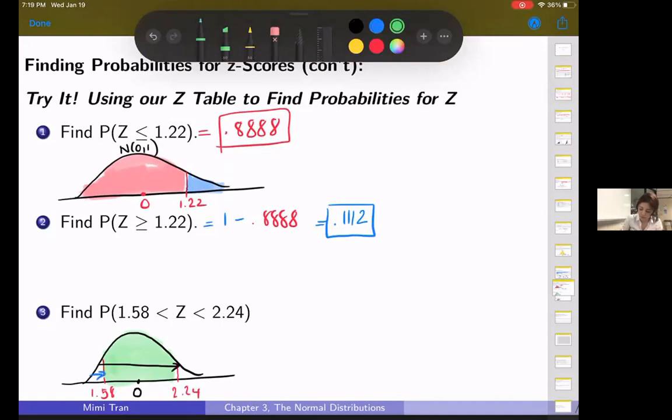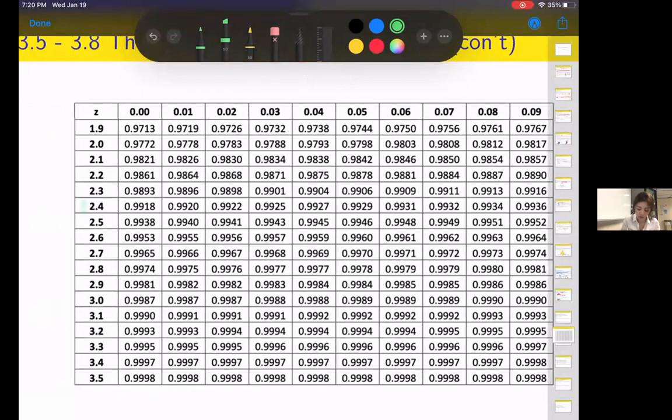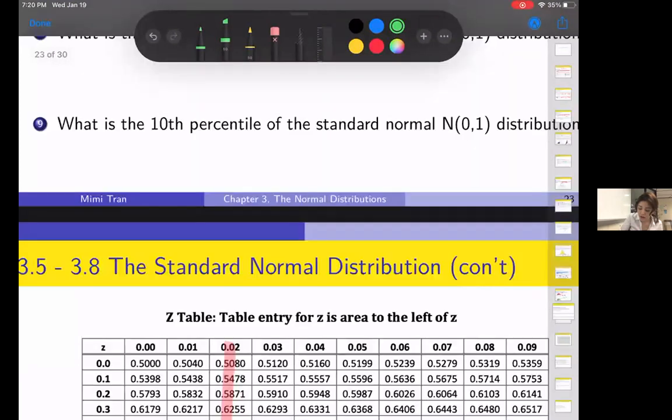So if I rewrite the probability of Z between 1.58 and 2.24, I take the probability of Z all the way from the left up to 2.24, which is P of Z less than or equal to 2.24, and subtract the blue area, P of Z less than 1.58. Look up 2.24 right here: 0.9875.